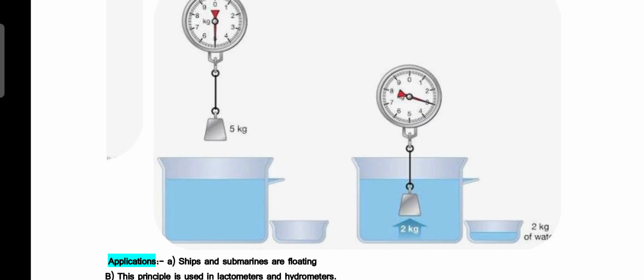To understand the law, we will just see the diagram. Here a 5 kg material is taken and it is going to be immersed in the vessel, and the vessel has an outlet where the water displaced by the immersed object will be collected.